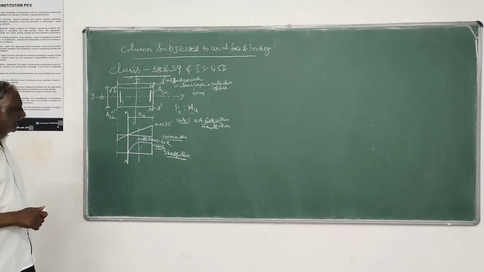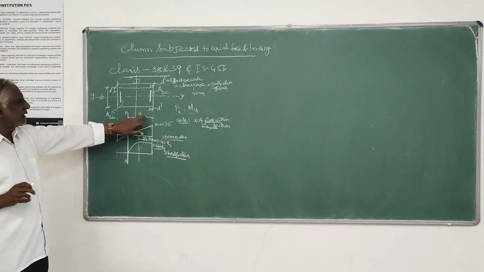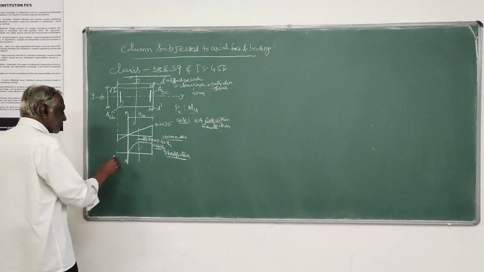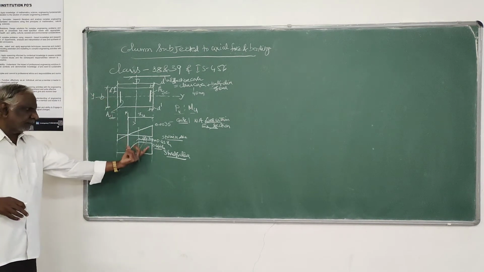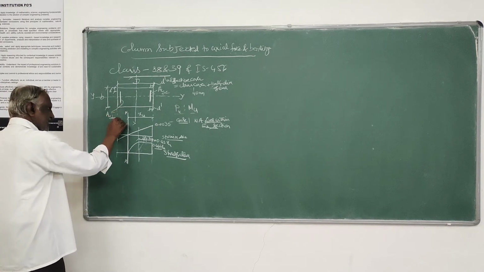So under this condition, with the stress-strain diagram when the neutral axis lies within the section, you can find out the total compressive force developed and the total tensile force developed.